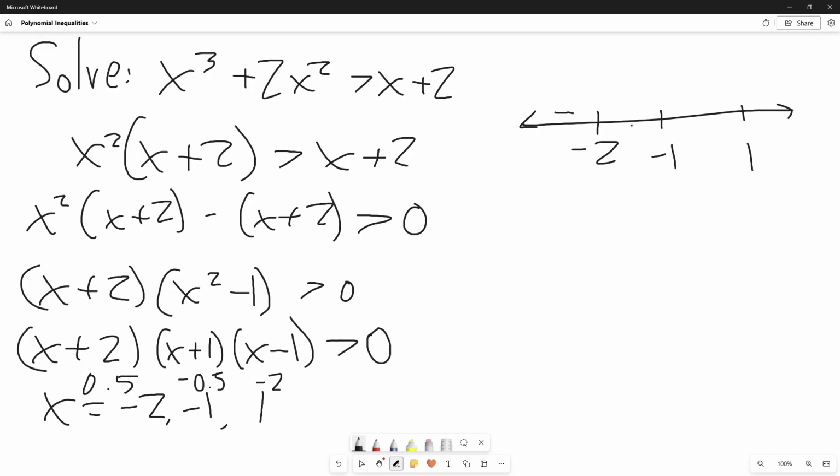So this region is positive. And usually, when you have a sign diagram, these signs are just going to be alternating between each region. So like this will probably be negative, positive, but it's better to check just in case. And let's try 0 for this region, which is 2 times 1 times -1, which is negative. And let's try 2 for past 1, which is 4 times 3 times 1, and that is also positive.